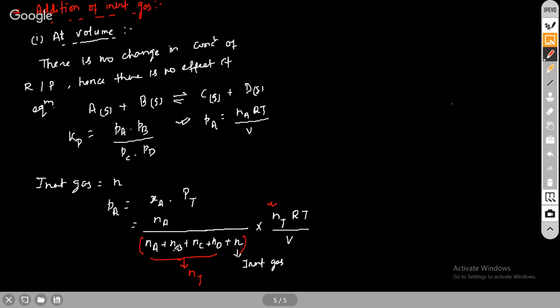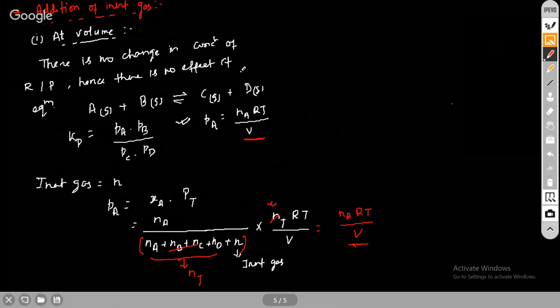So obviously this and this will get cancelled, and the partial pressure again you get is na RT by V, which is exactly the same as we had earlier when there is no inert gas added, right?